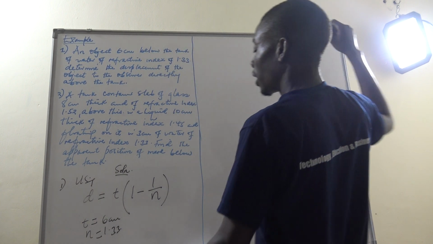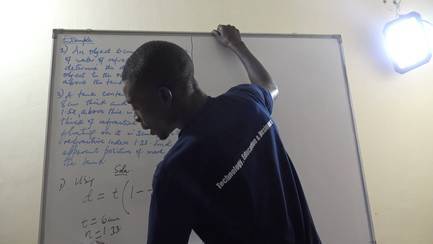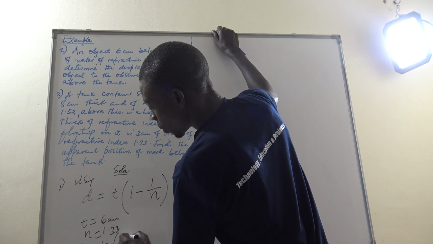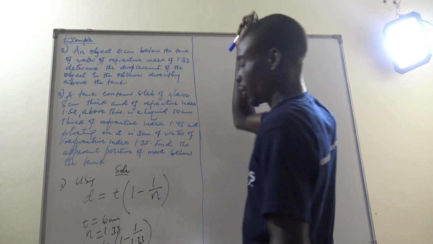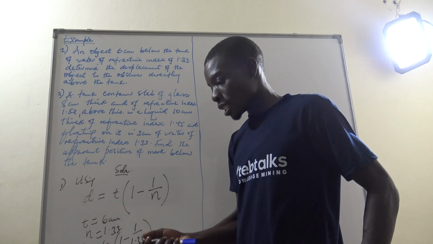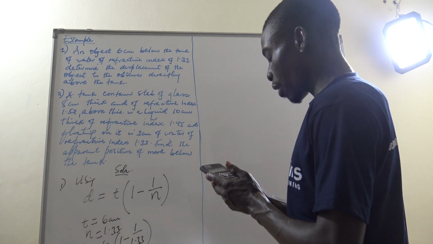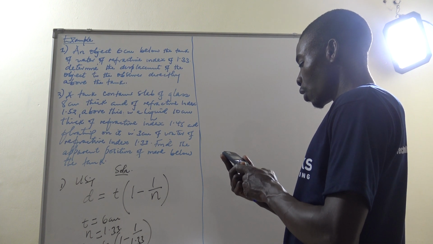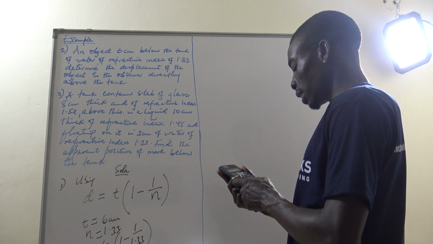The refractive index is 1.33. So it is just a matter of making a substitution and saying my D is equal to 6 times 1 minus 1 over 1.33. And then we just take use of our calculator and see what actually will come from that.